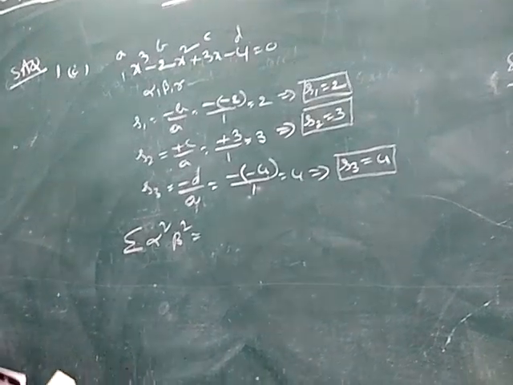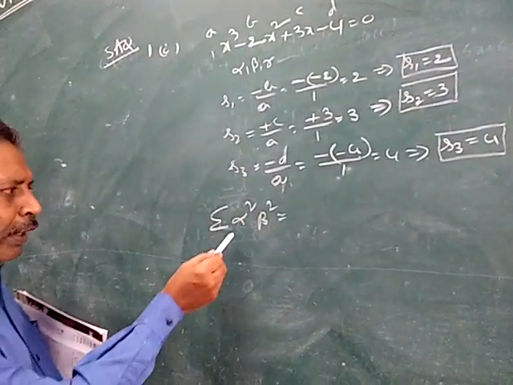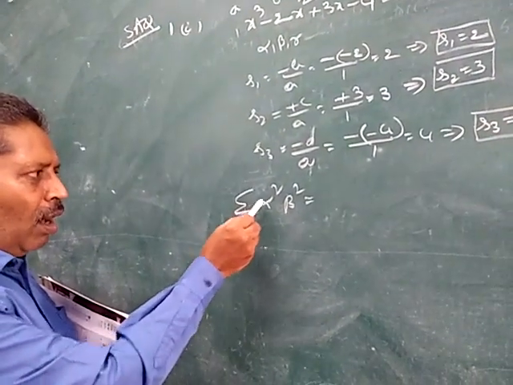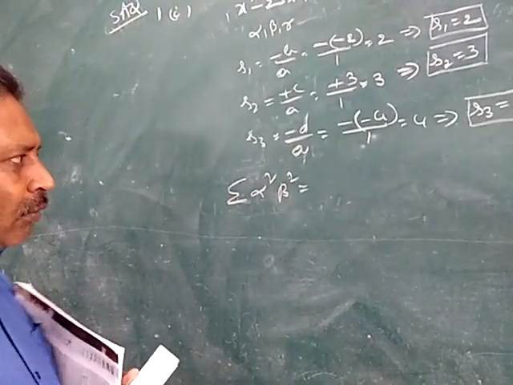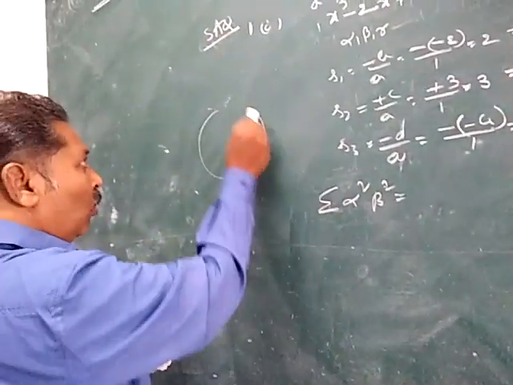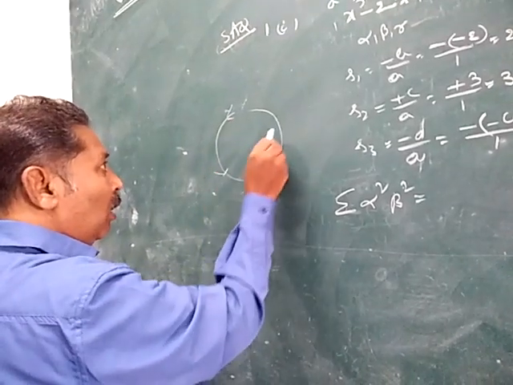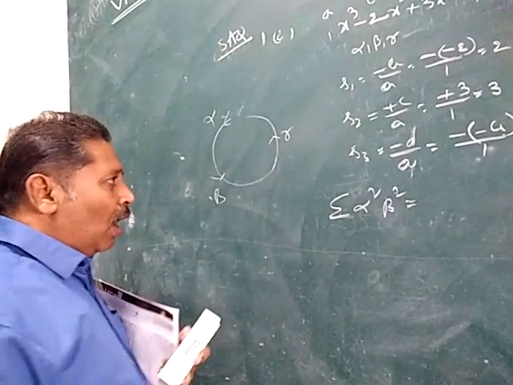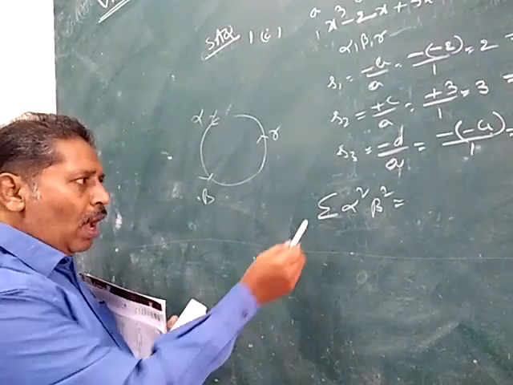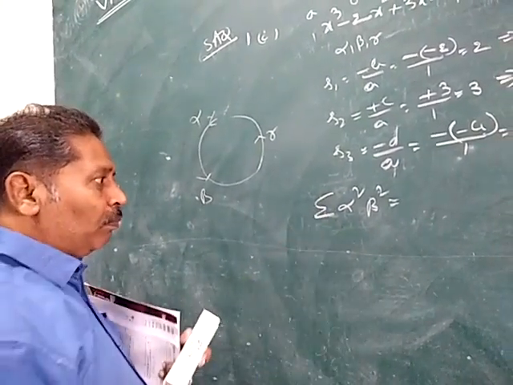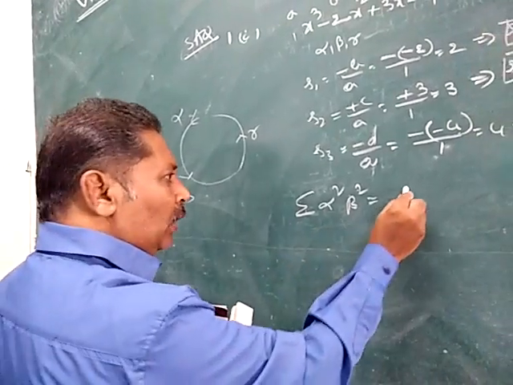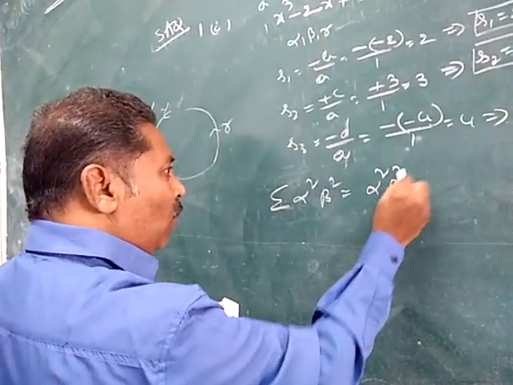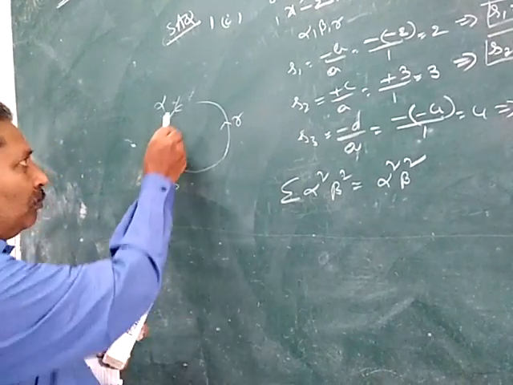He wants the value of sigma alpha square beta square. So alpha, beta, gamma are the roots. Expand this sigma. First term is alpha square beta square.